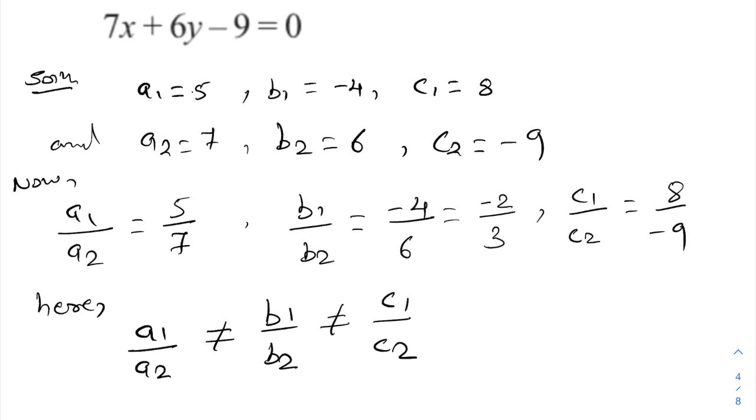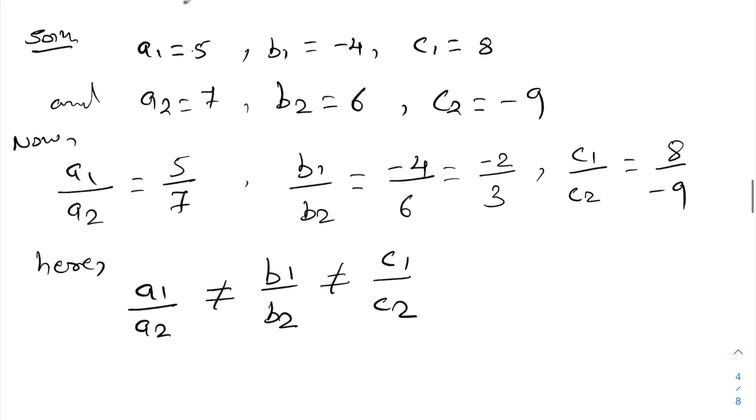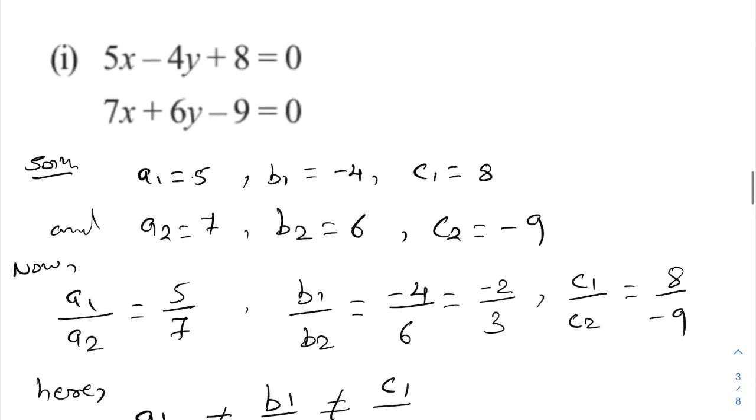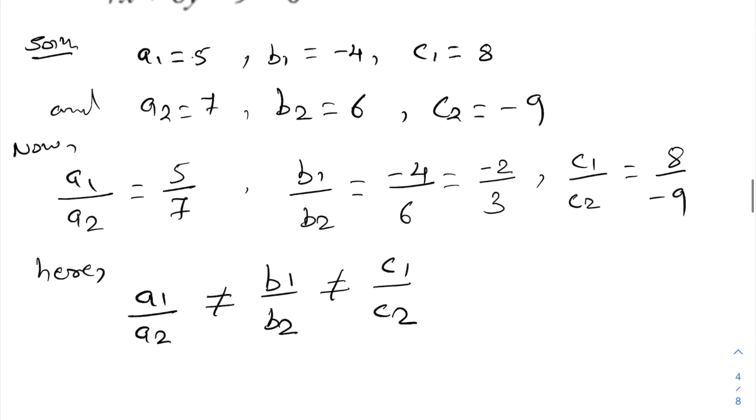Since all three ratios are not equal to each other, in such a condition we can say that the given pair of linear equations will have intersecting lines, and it will have only one solution.